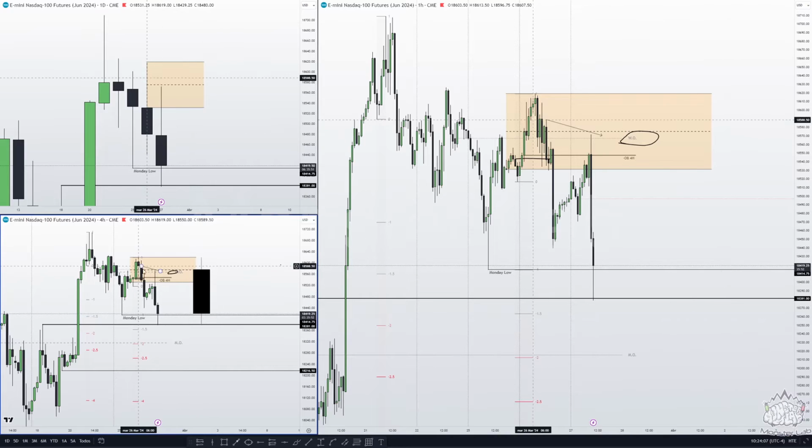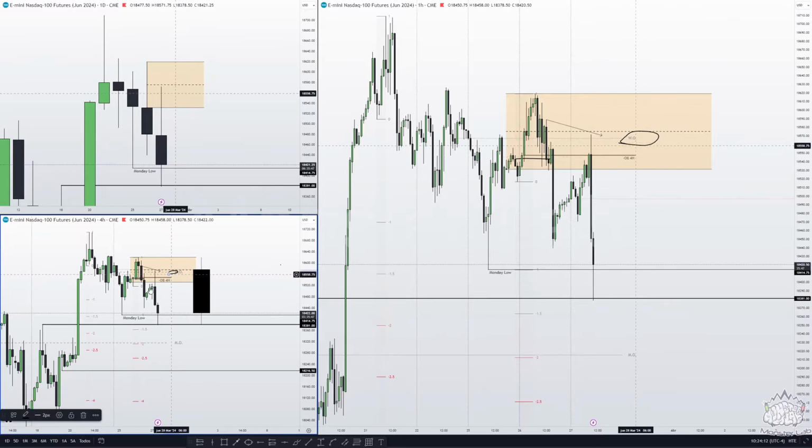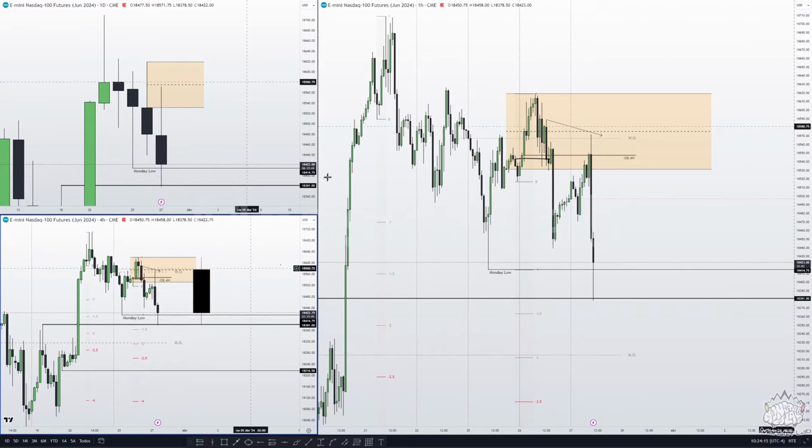Projections for this fractal in 4H in the weekly open. This low and this high.